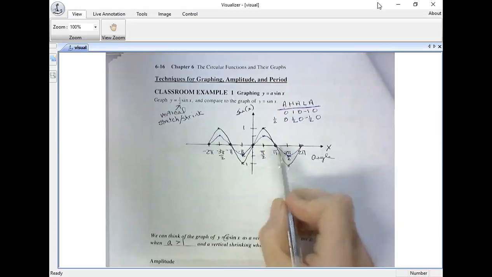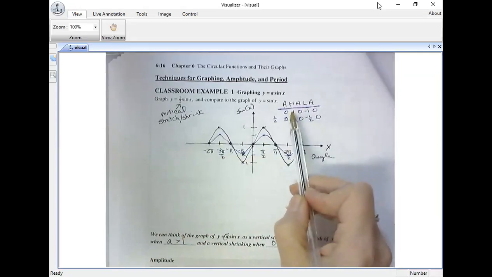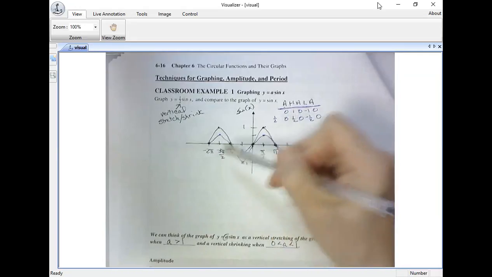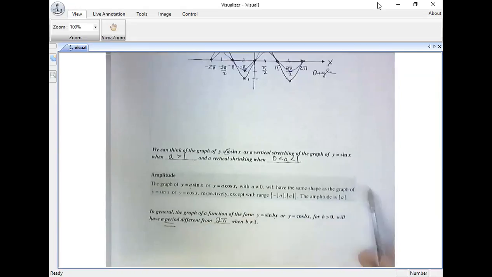As long as we know all of those key points for a sine function, we would just multiply every one of these by 1/2 to see what it looks like when it's been shrunk by 1/2. If it had been a number larger than 1, we would have multiplied everything by that number, and it would have stretched out the high point and the low point. But it would follow the same basic shape, just either stretched out or shrunk.